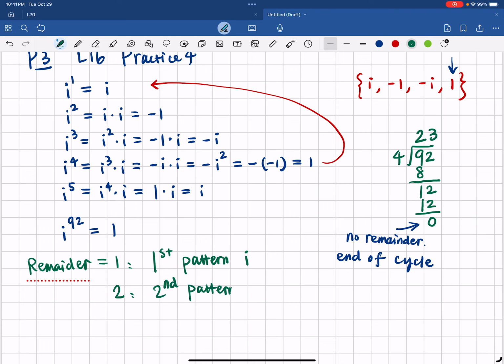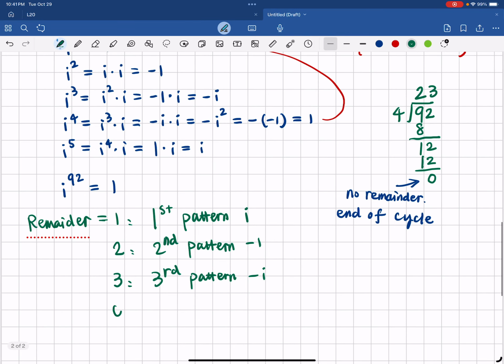What is the second pattern? It's -1. If your remainder is 3, it will be the third pattern. Third pattern, -i. You will never get a remainder that's 4 because we're dividing by 4. The other one will be remainder is 0. So that will be the end, which is the fourth pattern.